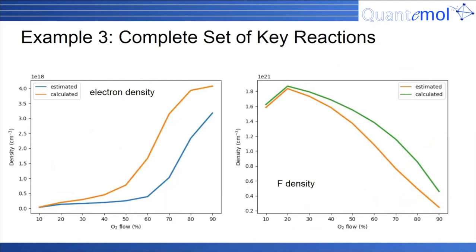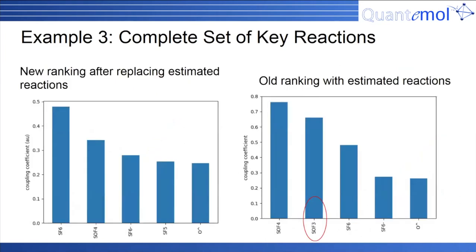And additionally, when we do our species ranking again, we now see that SOF3 is actually not amongst the highest ranking species anymore. So by doing this analysis first, we not only improved our simulation by using very precise instead of estimated cross sections, we also eliminated the need to calculate cross sections for SOF3 and therefore saved a bit of time.